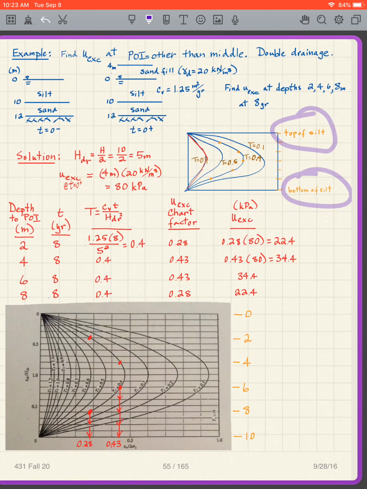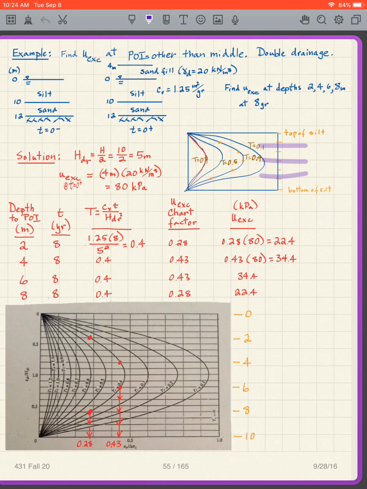The bottom of the silt is here. What we find is that we need to find our capital T, and we're going to go into this chart at various depths and read off on the correct T curve.